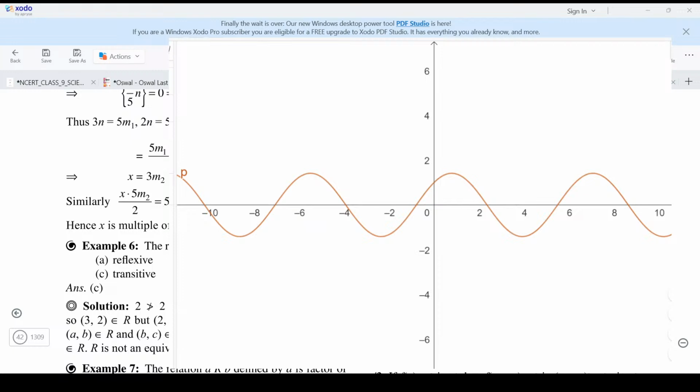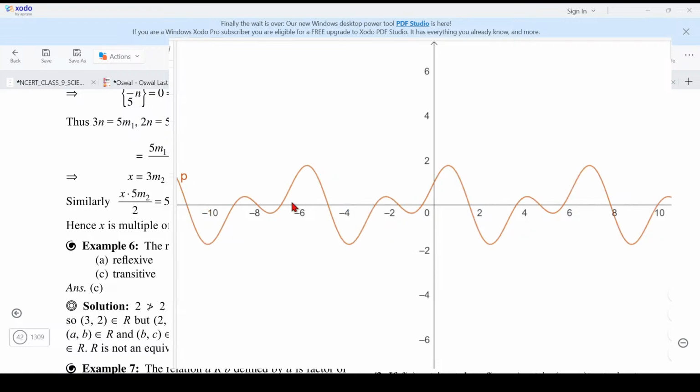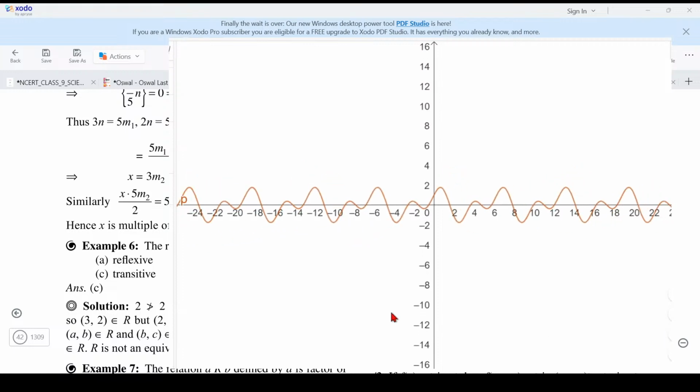Now say, for example, instead of sin x I will make it sin 2x. Suddenly you are making it repeat at pi, but cos x is still repeating at 2 pi. Now what is the period? I'll zoom out. Now see, where exactly is it repeating? Is it repeating at pi by 2?